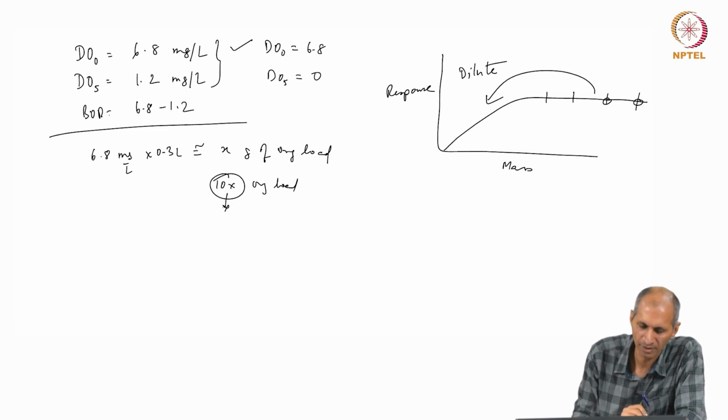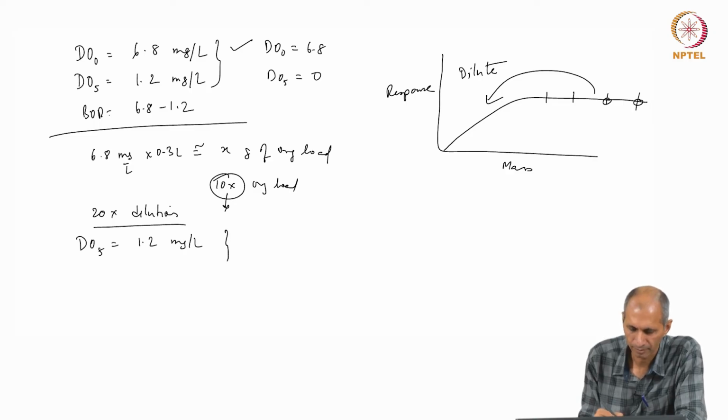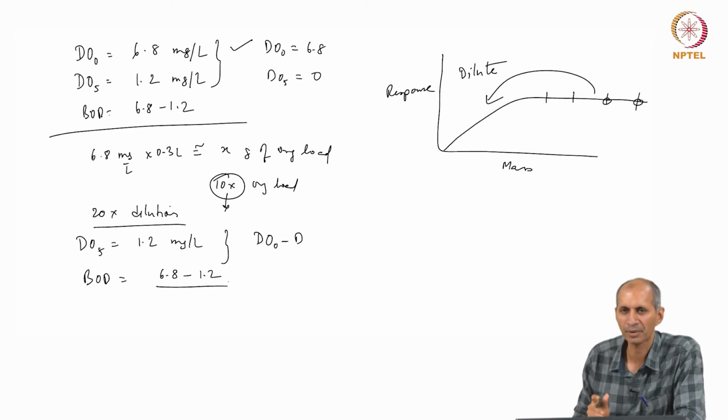So, if I dilute, say, 20 times, and my DO5 is 1.2 milligrams per liter, my BOD will be 6.8 minus 1.2, but this 6.8 minus 1.2 corresponds to 1/20th of the sample.